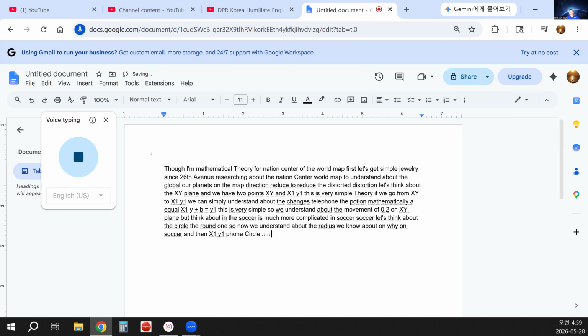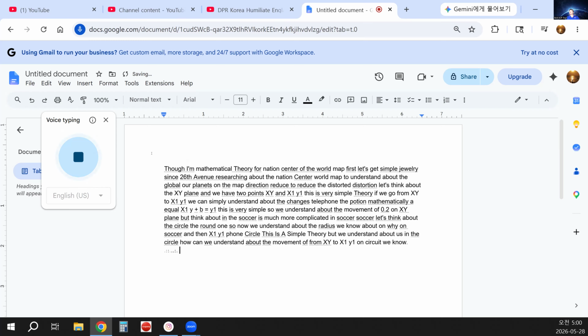This is a simple theory, but how can we understand the movement from X, Y to X1, Y1 on the circle?